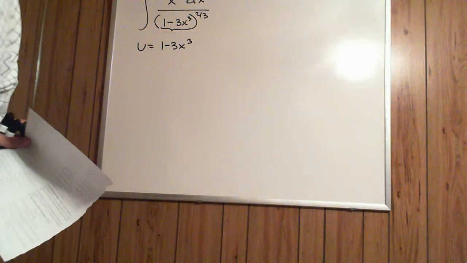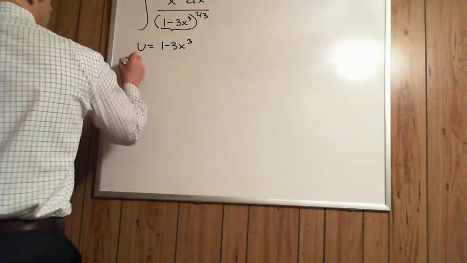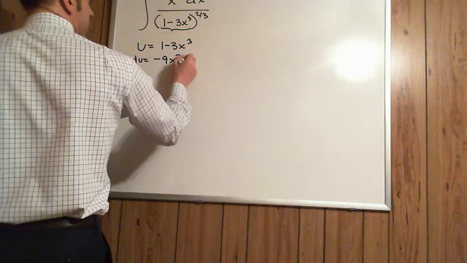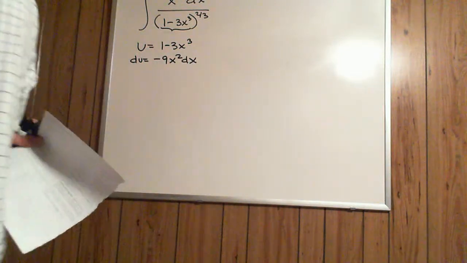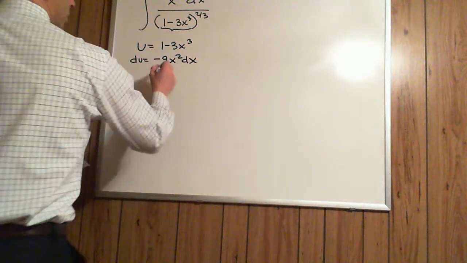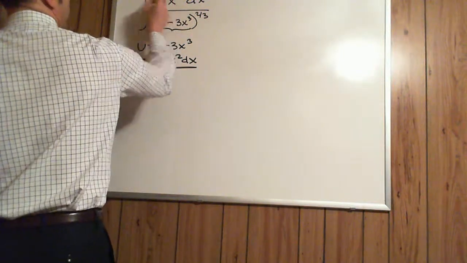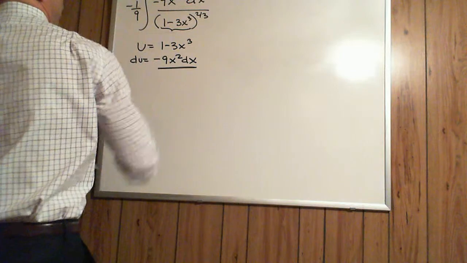Take the derivative of both sides with respect to x. So du would be equal to negative 9x squared dx. So now I have to build the integrand up to look like this. So I'll put in a negative 9, take out a negative 1/9.